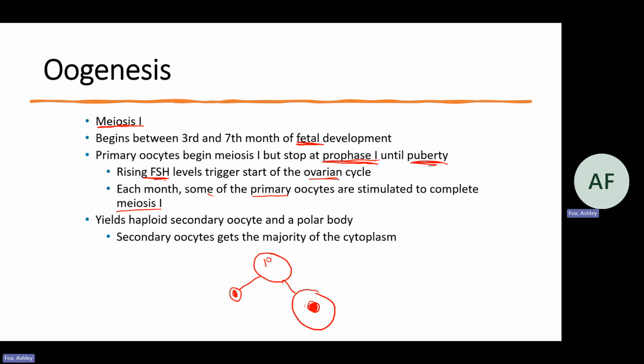So this is going to be haploid, or half the amount. So 23 chromosomes are here and 23 are here because we have to split the nucleus. The secondary oocyte gets the majority of the cytoplasm. The polar body is just because we have to divide, but we divide unequally and we just get rid of this. So it goes away. And then the secondary oocyte is what we're going to go on to next.